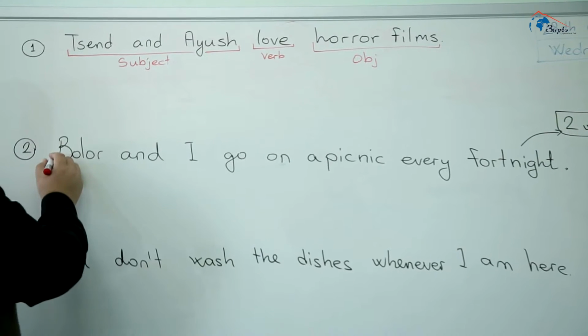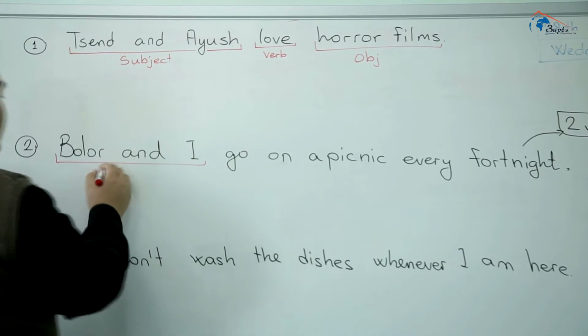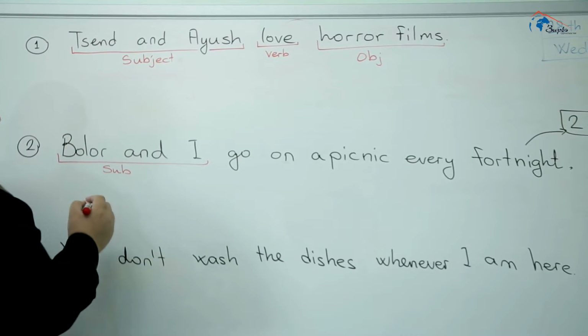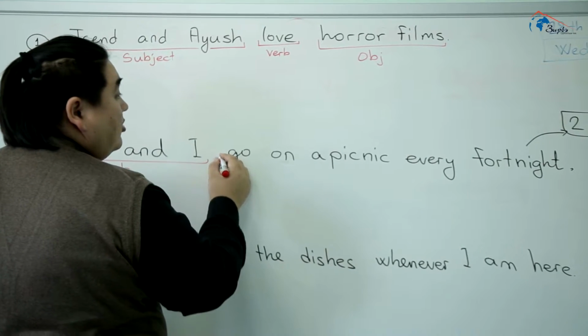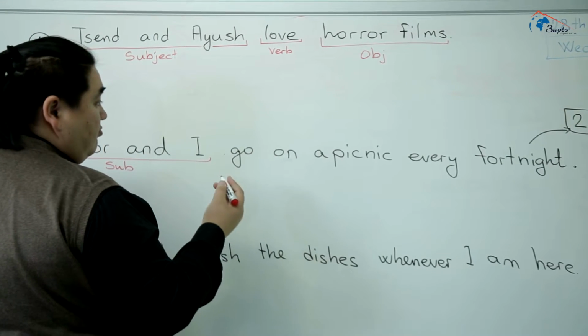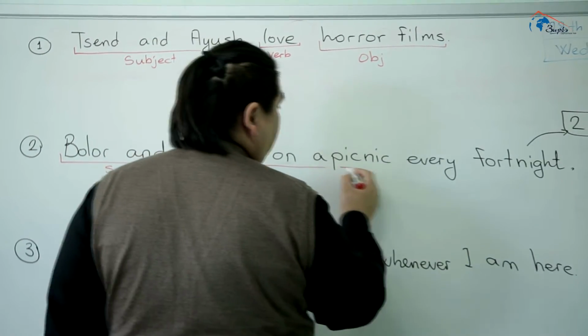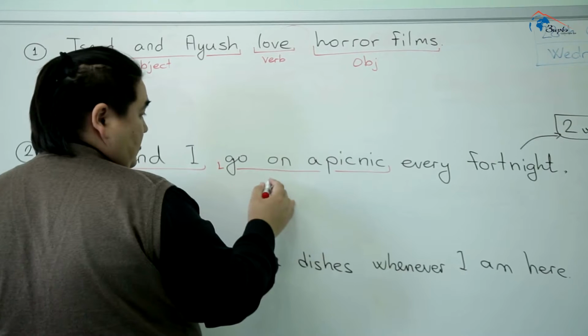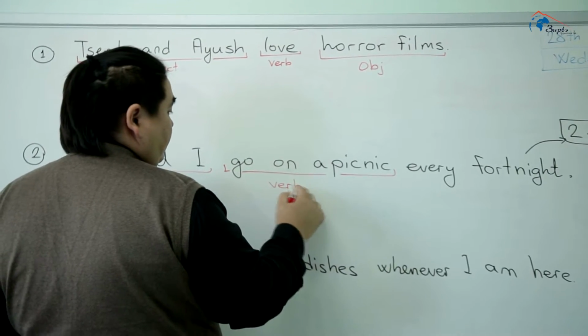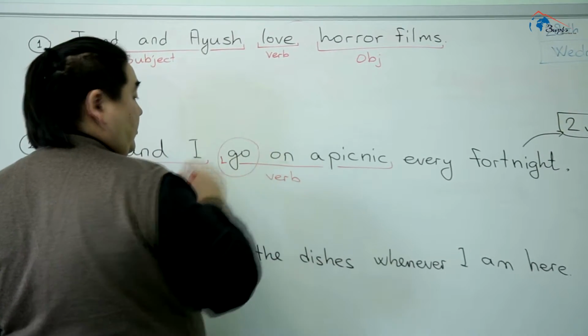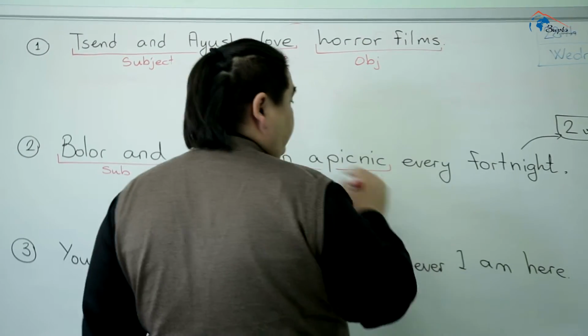We have Butler and I as the subjects, and go on a picnic. Well, you can do it like this. Actually, this one is the verb: go on.